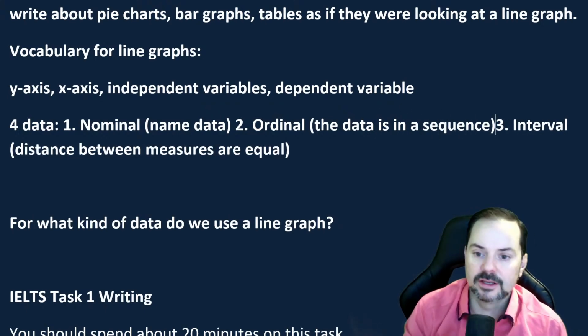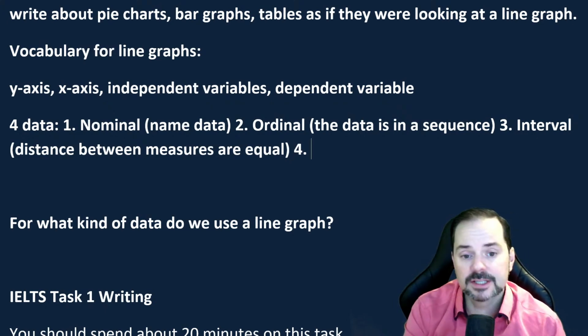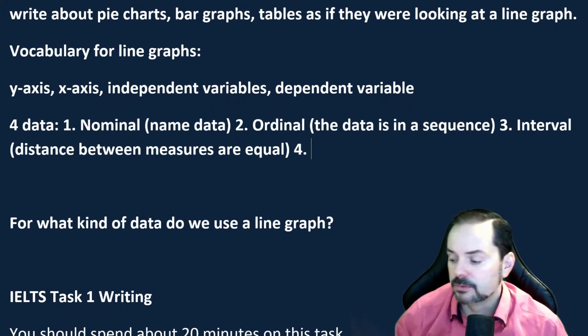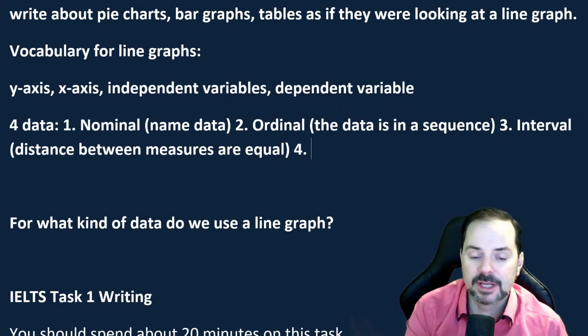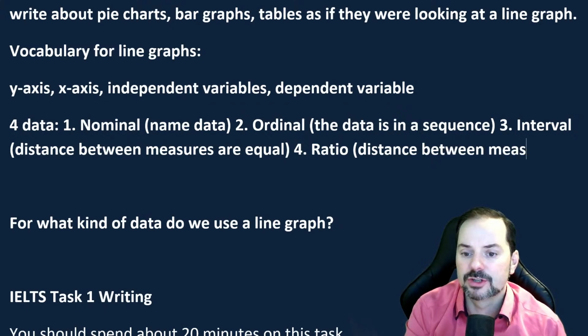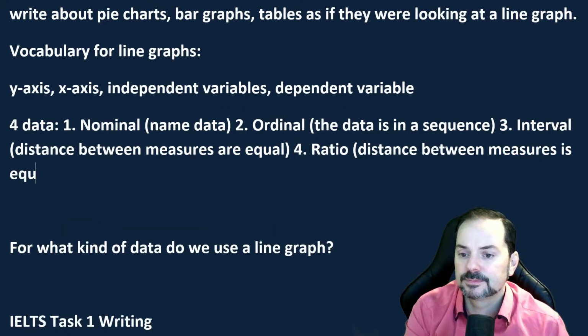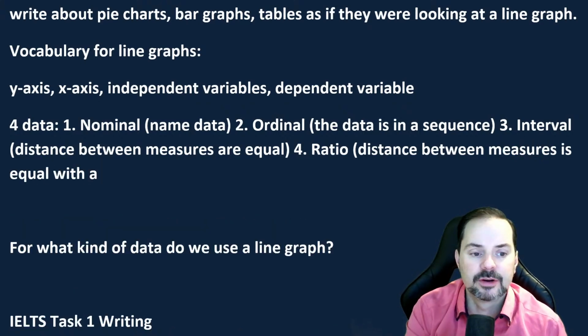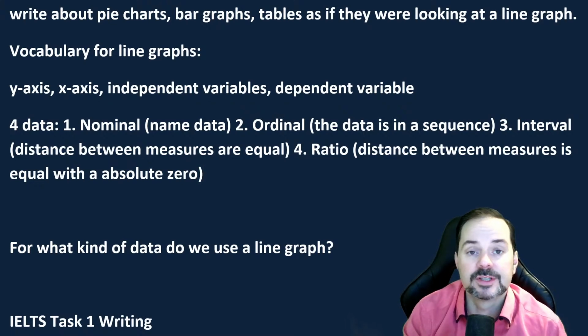And then the 4th type, and again, like I say, this is common knowledge to many high school graduates in many English-speaking countries. So the 4th one is what's called ratio. Okay, so that means distance between measures is equal with a true zero. Or they also call it an absolute zero. All right, where there's an absence of the measure.